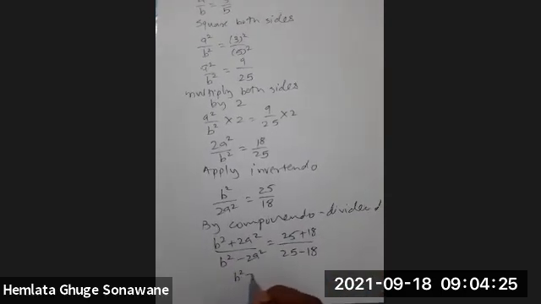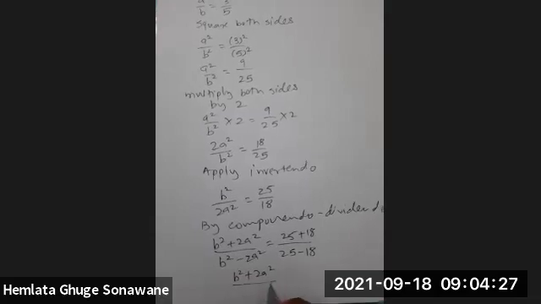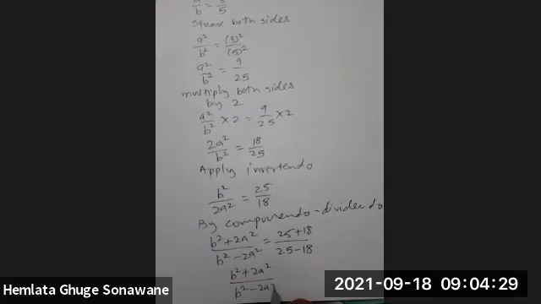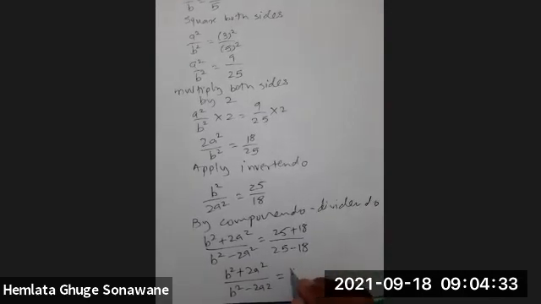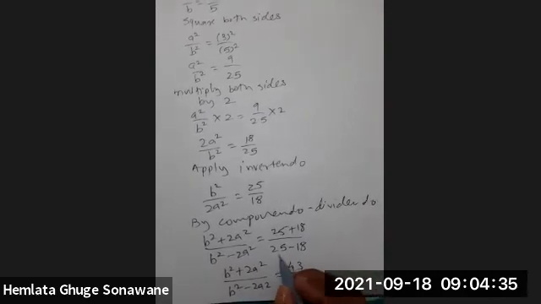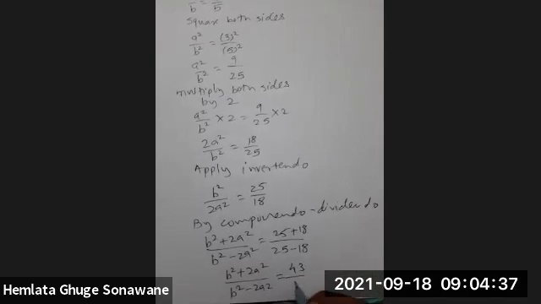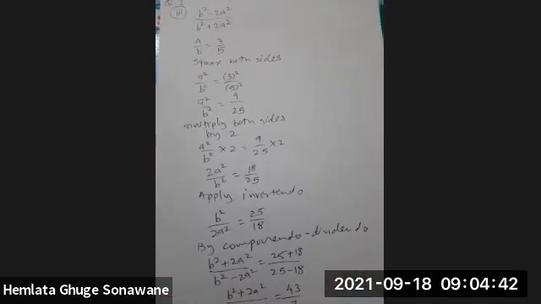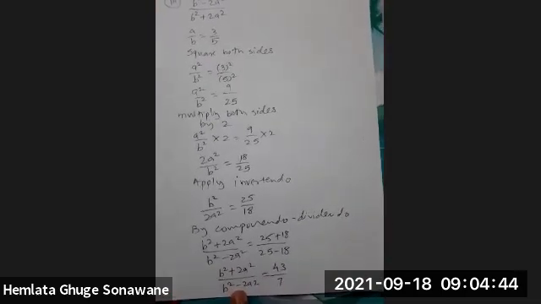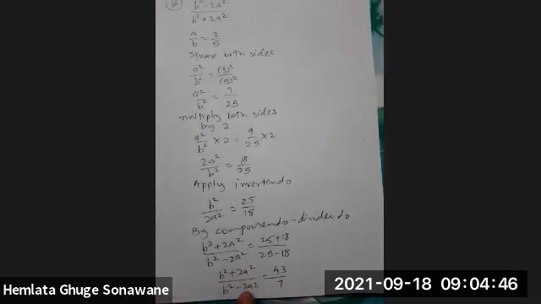So b square plus 2a square upon b square minus 2a square is 43 upon 7.